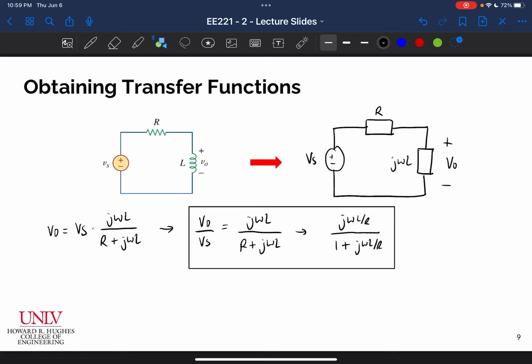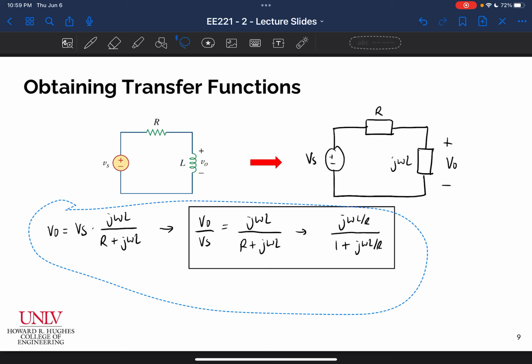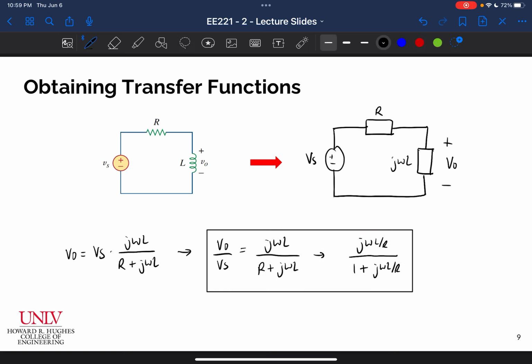Okay, so I guess the process is probably becoming pretty familiar now. It's pretty straightforward how to obtain these once we get this ratio. We can do kind of whatever we want to manipulate it. I guess the key here is that when we get into the next section, which is going to be the frequency response section, we are interested in representing this expression as a complex number, which has a real part and an imaginary part.